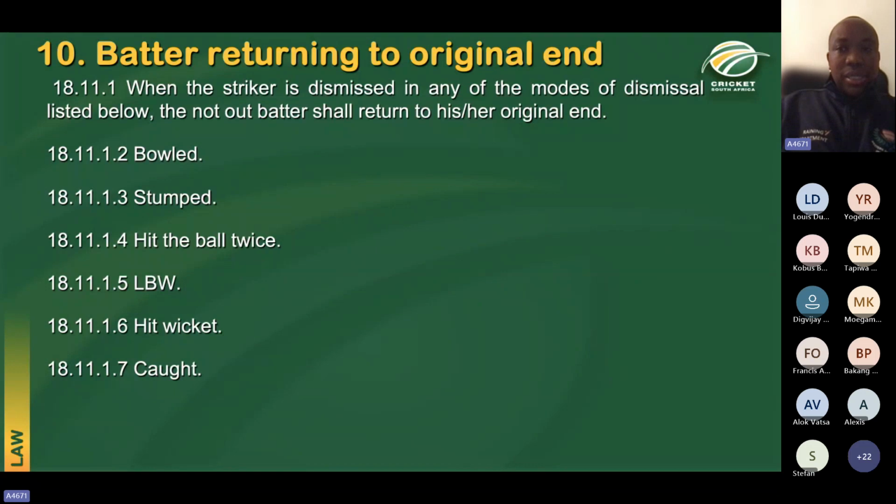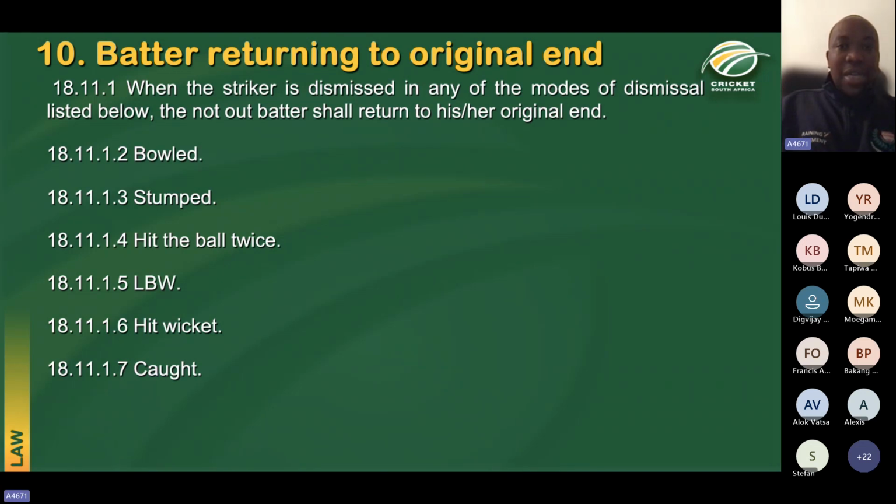This is a new one since October 2022. If the striker is out caught, then the non-striker will remain at his or her original end, even if they cross while the ball is in the air and the ball is caught after the batters have crossed.